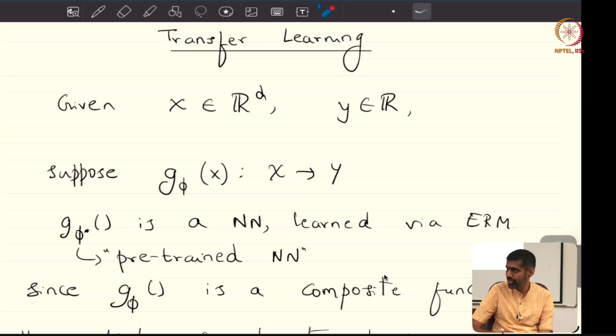That's actually pretty important. In fact, in most of transfer learning, this G phi is not trained to estimate p of y given x. This G phi is trained to estimate the marginal p of x. All methods that are designed to estimate the marginal p of x are called unsupervised learning methods.